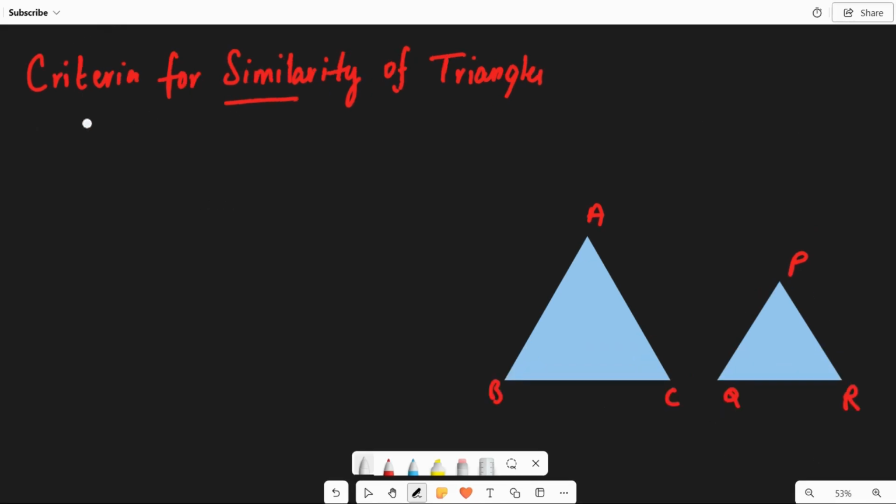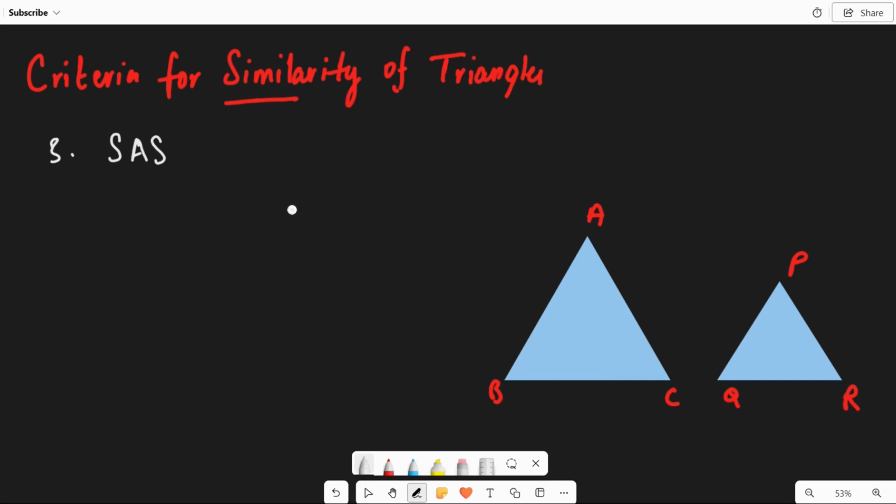Now let us talk about another theorem and the third criterion of similarity, that is the SAS criterion. This states that if one angle of a triangle is equal to one angle of another triangle and the sides including these angles are in proportion, then these two triangles are similar. For example, take triangles ABC and PQR.